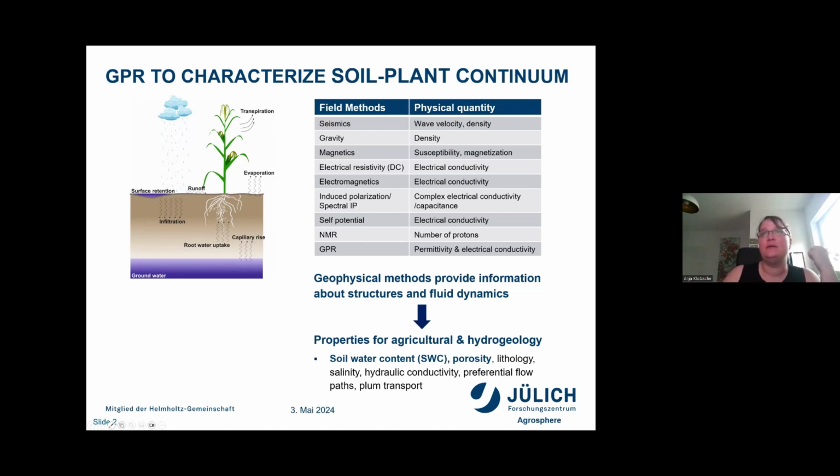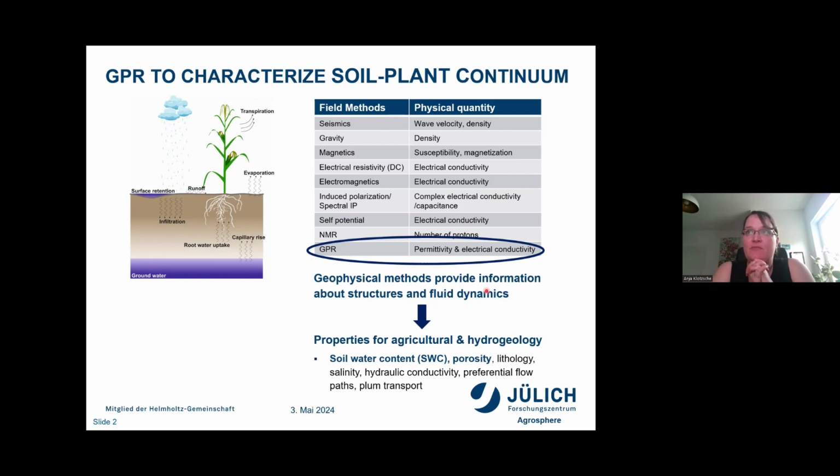Electrical resistivity measurements or EMI measurements all give us electrical conductivity, which is quite nice and sensitive to many different aspects, but it is also affected by, for example, temperature. So many things come together, and disentangling them to really see the effects of the soil-root systems is very tricky. This is exactly where GPR comes in, because it provides us with electrical conductivity but also permittivity.